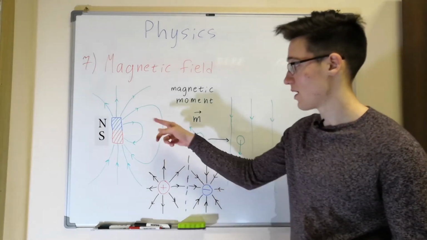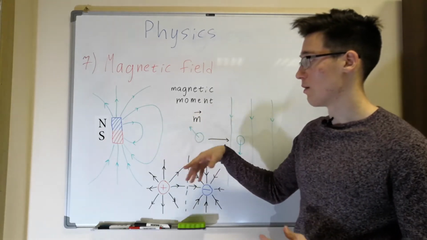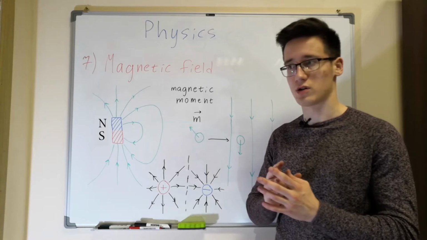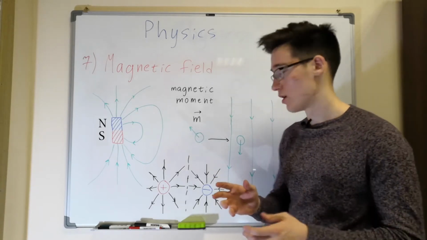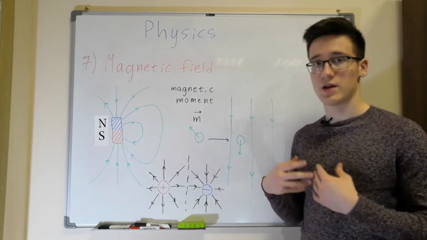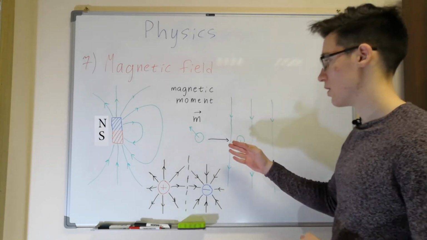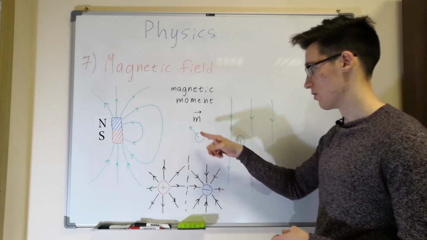Okay, so these lines do not indicate movements of any magnetic charges, because magnetic charges do not exist on their own. But every object that generates magnetic field has its own magnetic moment, which is denoted m here.